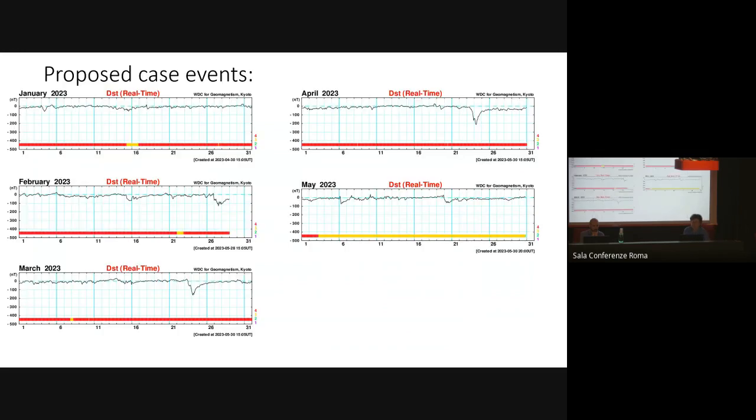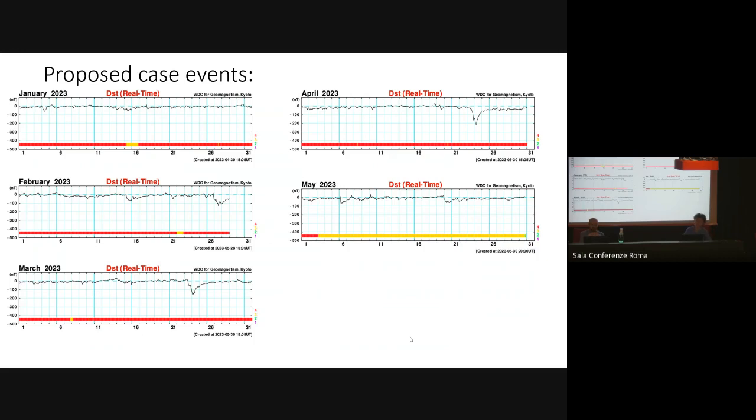Okay, what else? Now, if you decide to work with this data, my proposal is to concentrate on the recent events. We have had many storms lately, from January to May. We have strong geomagnetic storms, such as this one in May, a bit stronger one in April, and this month we have two storms.